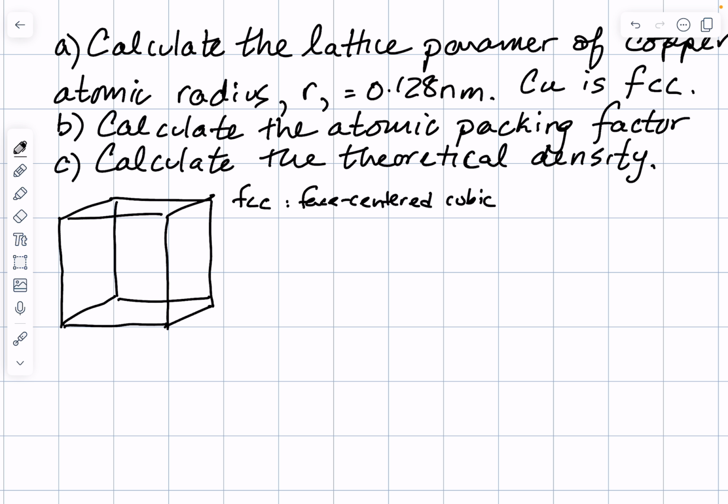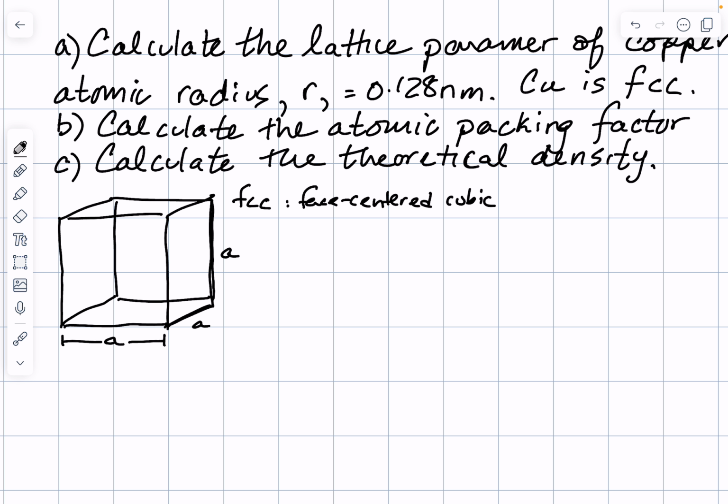Cubic means that the edge lengths of the unit cell are all equal to each other. That is to say that width is equal to depth, which is equal to height. So all of the cube lengths are equal to A. Excuse me, I'm going to write A there.